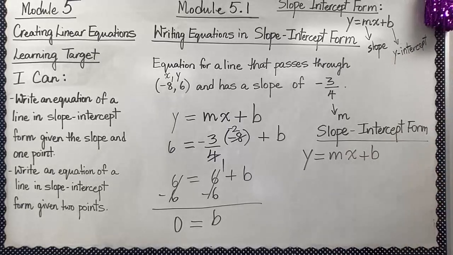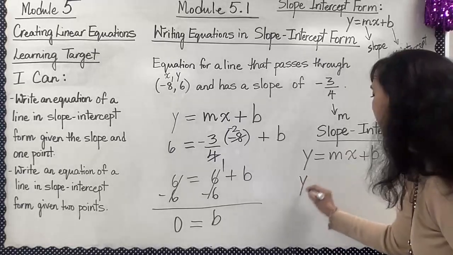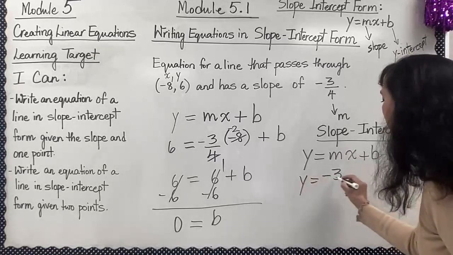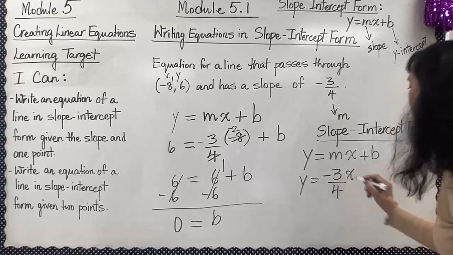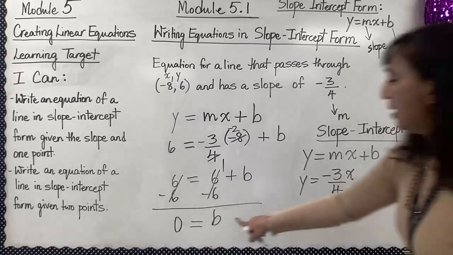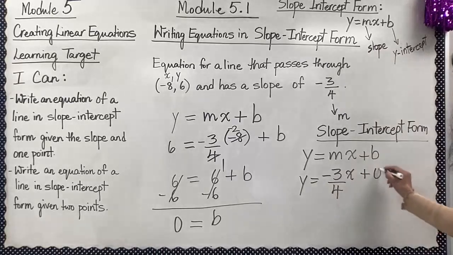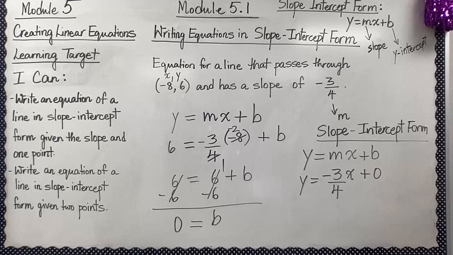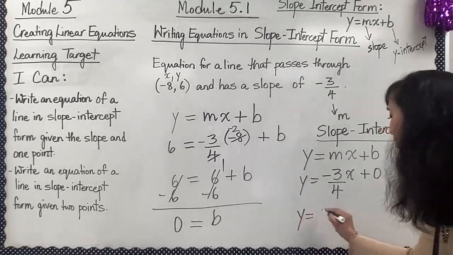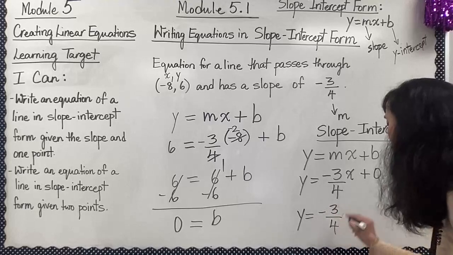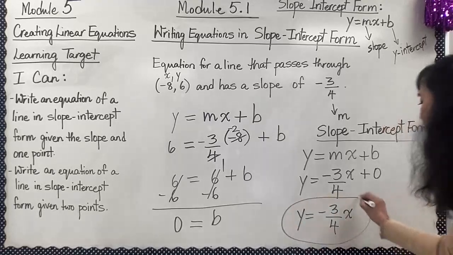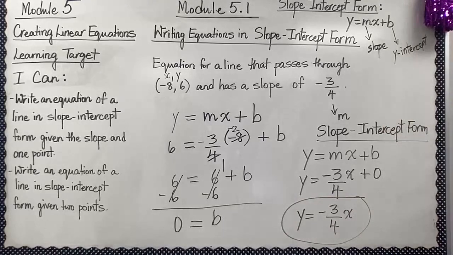I have y is equal to negative 3/4 x plus 0. Anything plus 0 is the number itself, so I simplify to y is equal to negative 3/4 x. And here is my answer to this problem. I've just written it out as an equation.